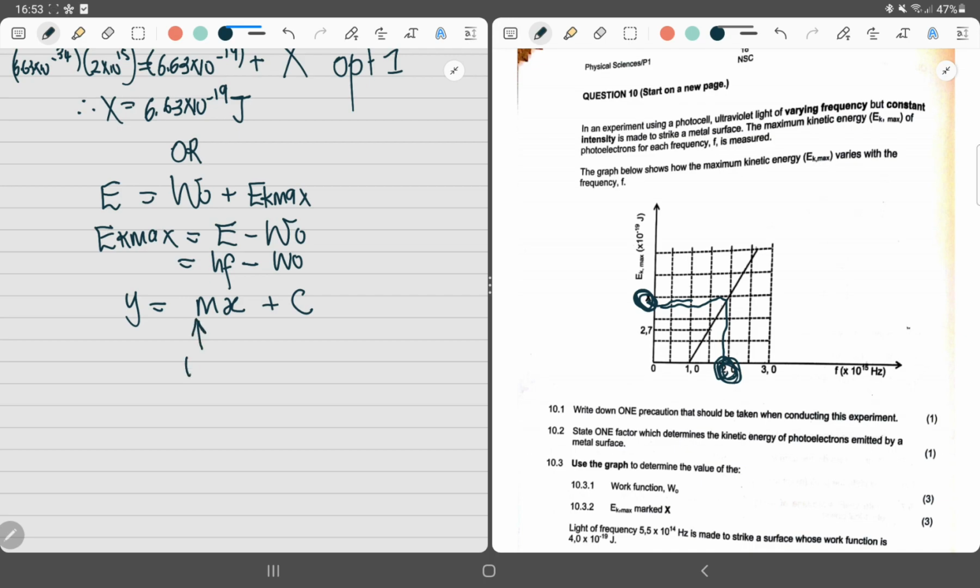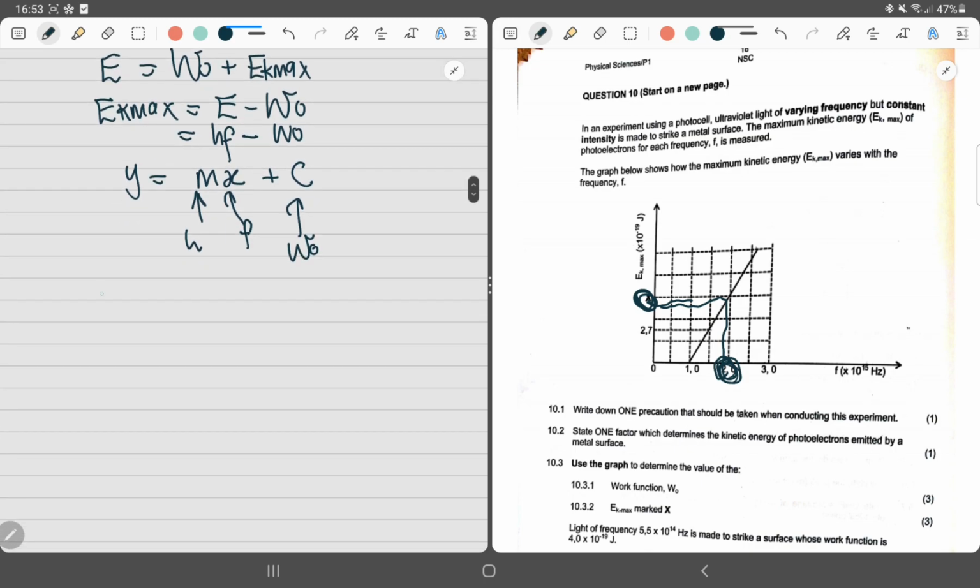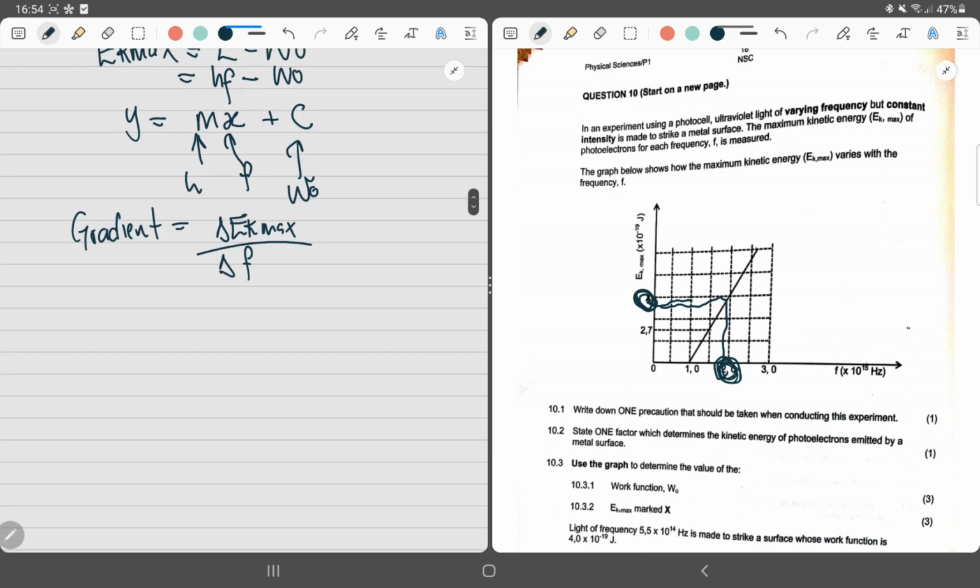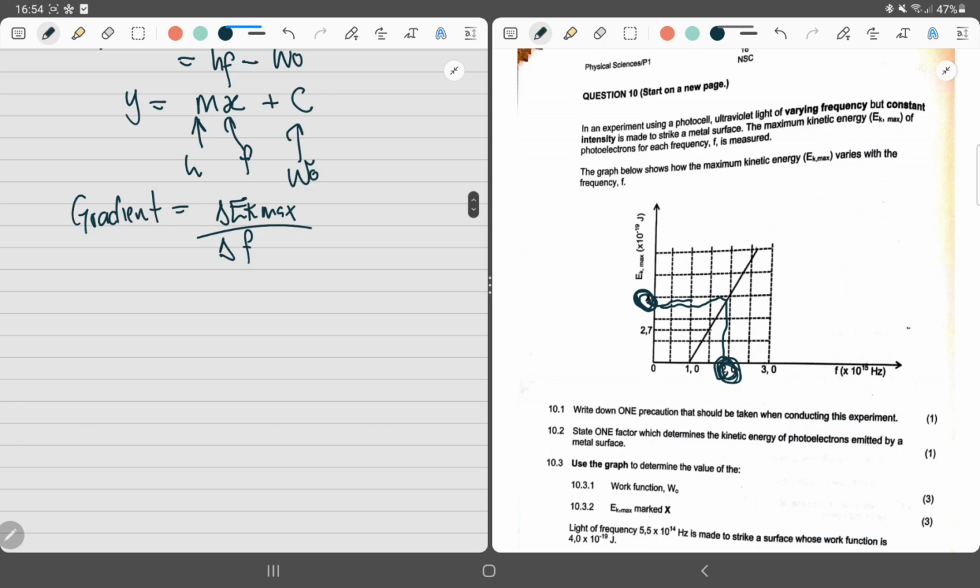Notice how the gradient is Planck's constant. X is f, because f is on the x-axis, meaning that c will be the work function. So the gradient should be equal to the change in y, which is EK max, all over the change in frequency. The gradient is Planck's constant.